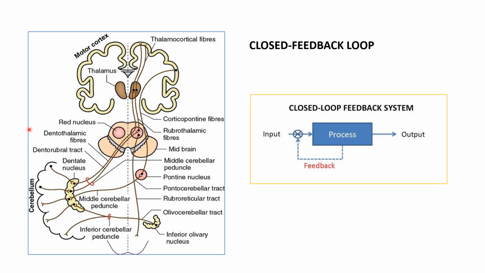Here in this closed feedback loop, the input is coming from cerebral cortex via corticopontine fibers to the pontine nucleus. Then through the middle cerebellar peduncle, the information will come to the dentate nucleus.